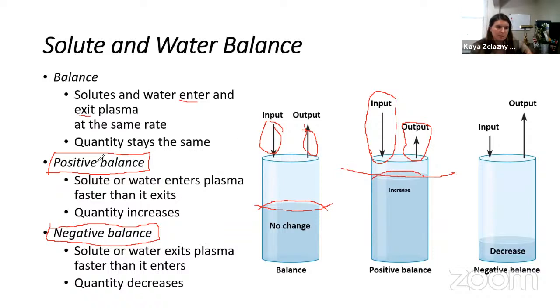So that's positive balance. Positive is about the direction rather than like, yay, we like it. It's positive because this is an increase. Versus negative balance means we're taking out more than we're putting in. So negative, again, is about direction, not about whether we like it or not. Negative, we're going to have a decrease because we're taking a lot out.